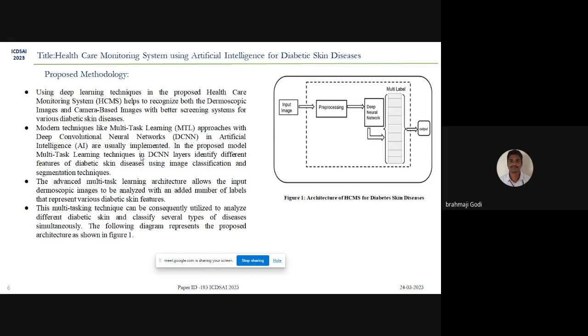On behalf of that, these 9 types of diseases are especially for type 1 and type 2 diabetic diseases, which are best identified using multitask learning with deep neural networks, which can determine whether this is a type 1 or type 2 disease, whether it is a skin disease or a normal disease. That is our major focus, sir, input and output.